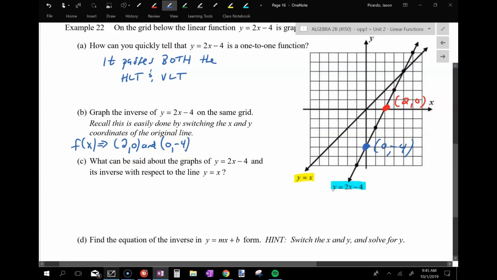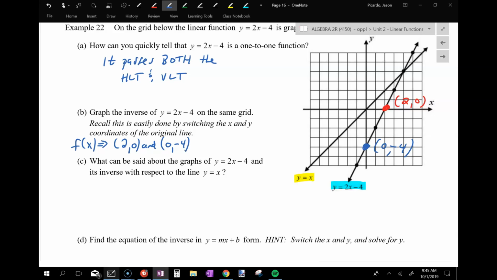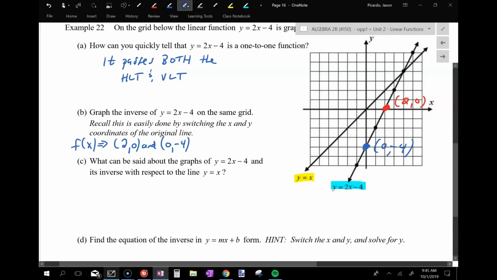I'm going to alleviate all your fears right now about this being difficult. The value of 2 is what kind of a value? X. The value of 0 is what kind of a value? Y. All I want to do is create the inverse.